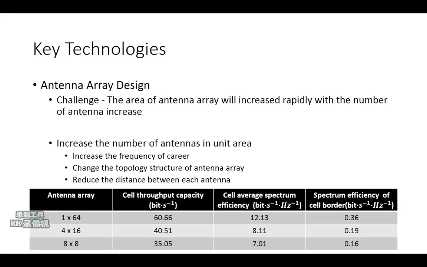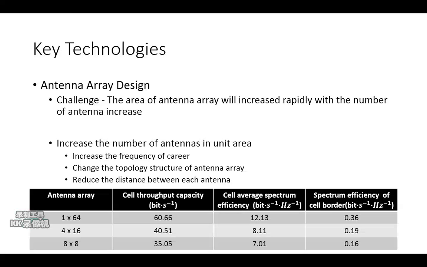For example, a base station needs to install 100 antennas. The distance between each antenna is half a wavelength. The carrier frequency is 2.5 GHz. Then the length of the antenna array is 5.94 meters, which is not acceptable. It's too long. So there are some methods to solve this problem.